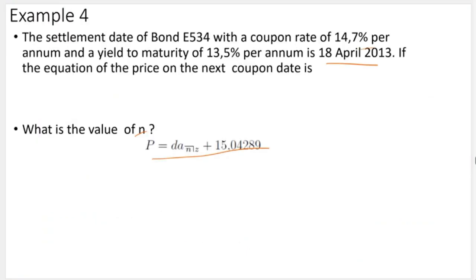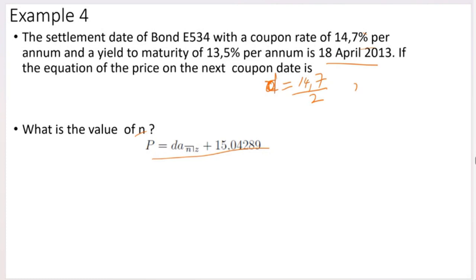So here, what we need to do is to break down what it is that we are given. We are given that our coupon rate is equal to C, which is 14,7, over 2, that is our D, according to this information.